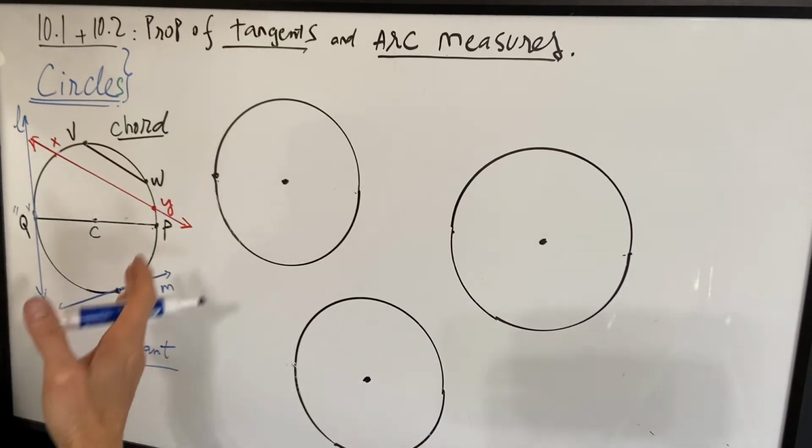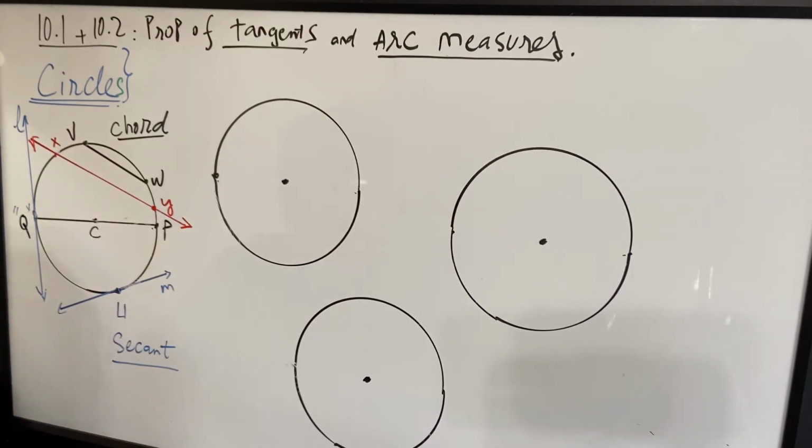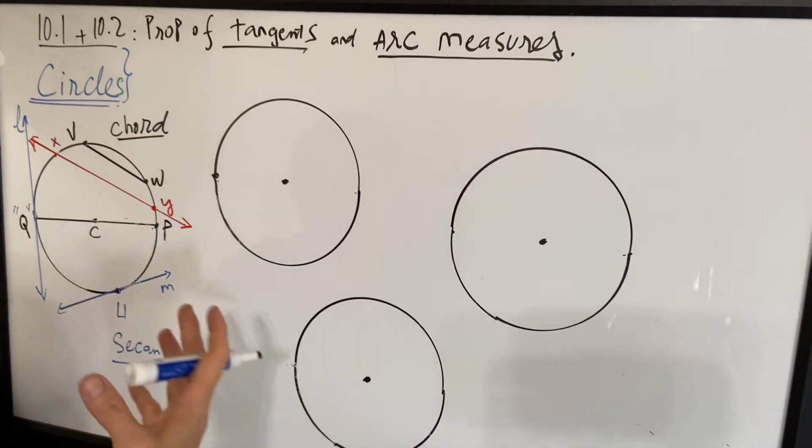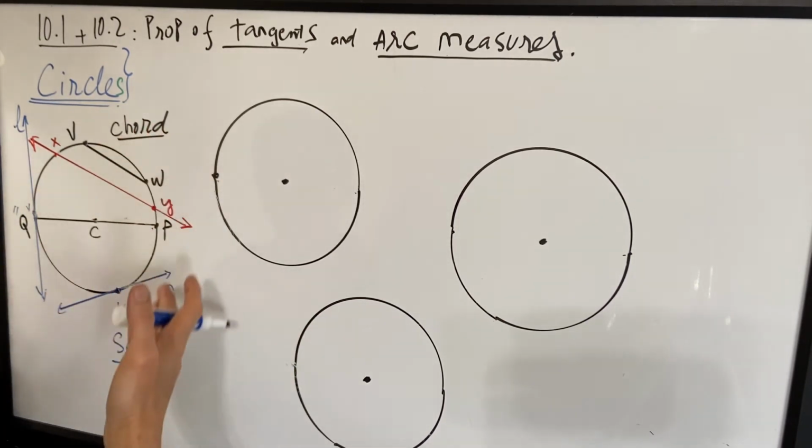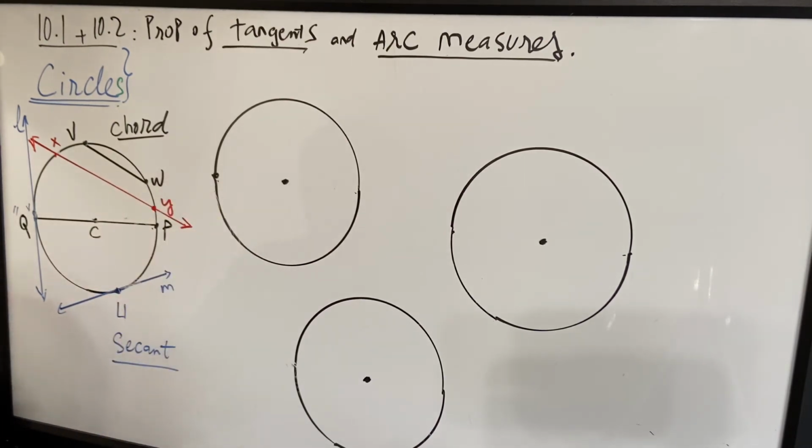So these are the vocabulary that I like for you to really memorize. To speak your geometric language fluently, you gotta know your vocabulary, which are center, radius, diameter, chord, secant, tangent, and point of tangency.